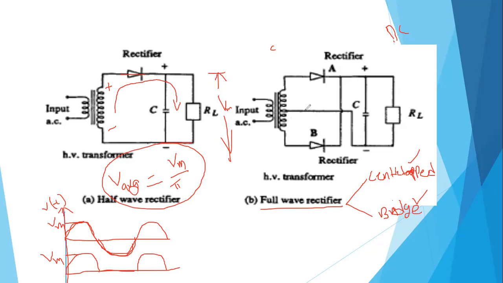In the earlier case, the half wave rectifier operates only in the positive half cycle, so the average output is less. But in the case of the full wave rectifier, it is not so. It will increase. So this is nothing but a center tapped rectifier.